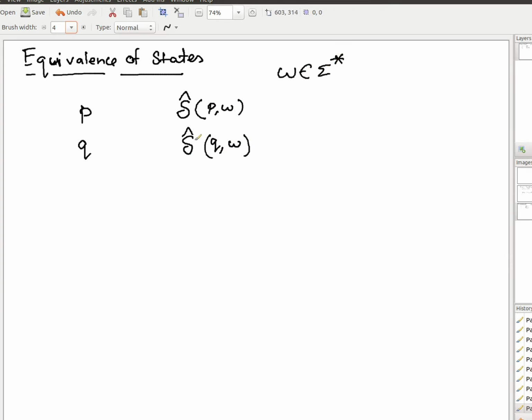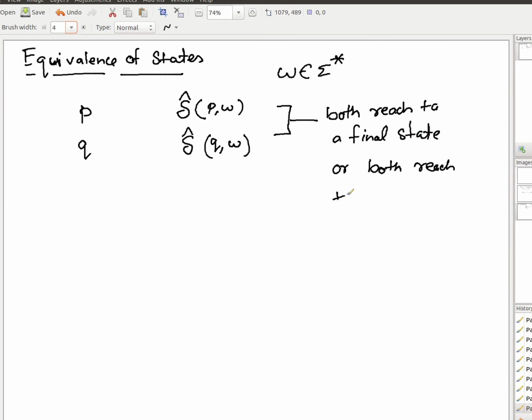the criteria is very simple for them to be equivalent. The criteria is that both reach a final state, or both reach some non-final state.